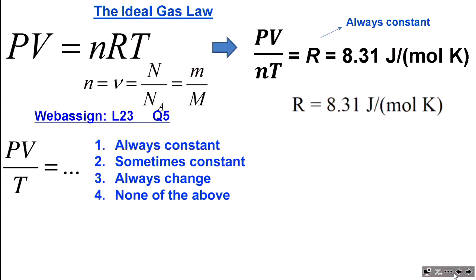But this, well, if we use this equation, the result is N times R. And what does N represent? Amount of gas.